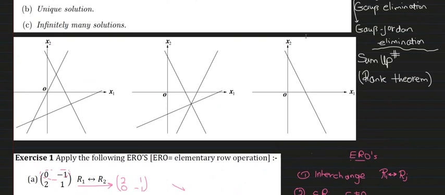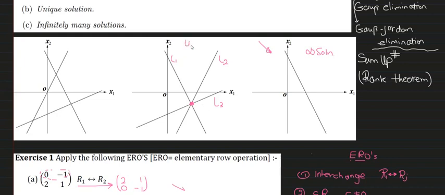these 3. So here, for example, in the last shape, we have 2 lines that coincide. So this is the infinite solution, right? Here we have 1, 2, 3 lines. So we have line 1, line 2, and we have line 3. The 3 lines intersect in only a single unique point.